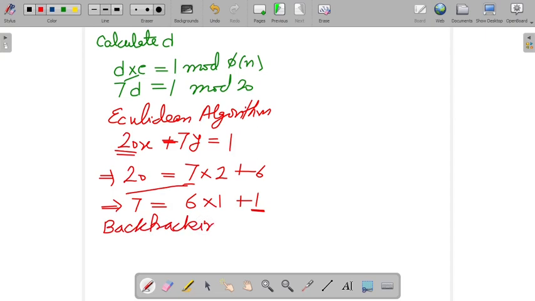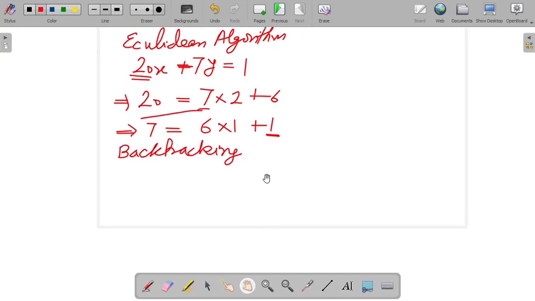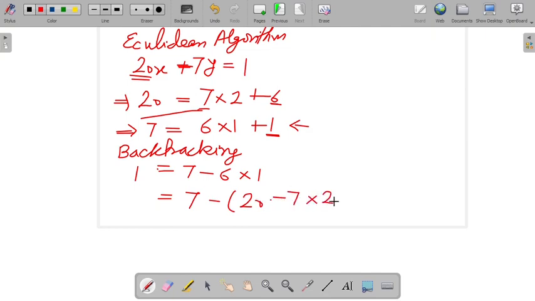Backtracking means move in the opposite direction. So what do you do in backtracking? How would you like to write the 1 from this statement? So 1 is equal to 7 minus 6 multiplied by 1. How do you write the 6? 7 minus (20 minus 7 multiplied by 2).